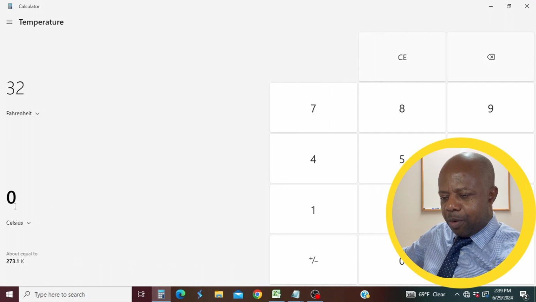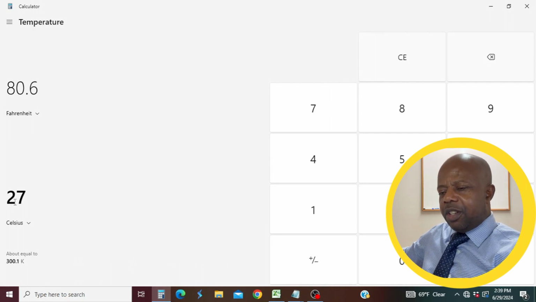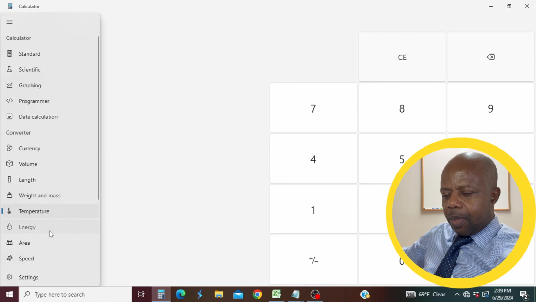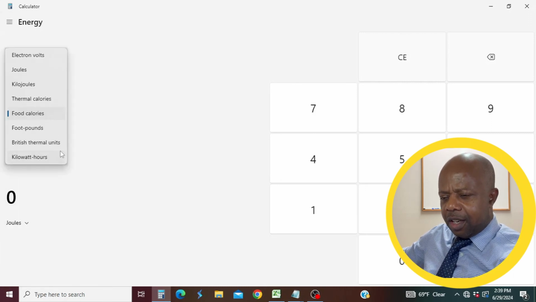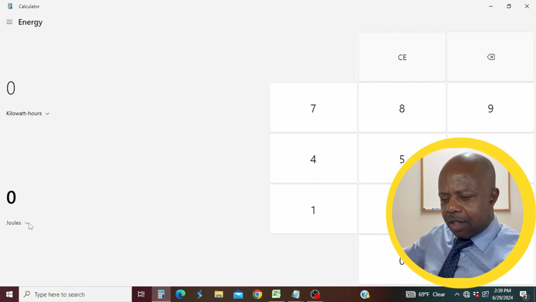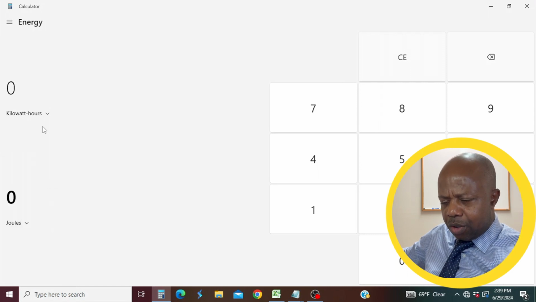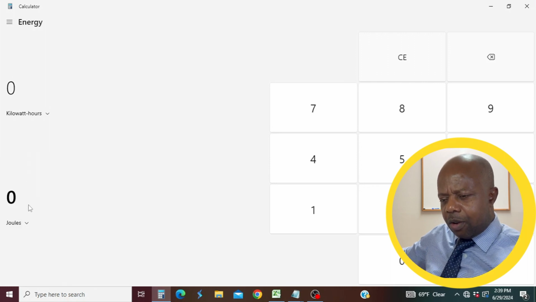The same thing with temperature. Some parts of the world, people use degrees Celsius. Let's say 27 degrees Celsius, it will be about 80.6 Fahrenheit. The same thing as energy. If you were interested in looking at kilowatt hours and joules, some people use joules in some part of the world.